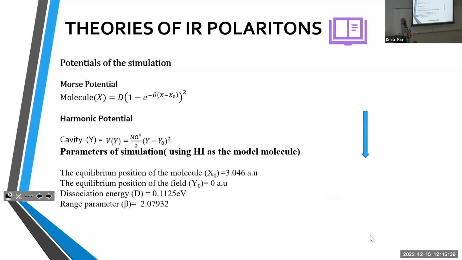The potential for this system is given by the Morse potential. For my simulation, I was modeling a molecule, and the Morse potential for the molecule is given by this equation, and the cavity is modeled as a harmonic potential, which is given by this equation. The x and x naught are the initial equilibrium positions of the system before coupling.